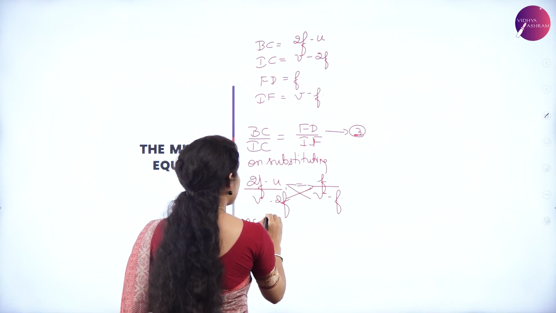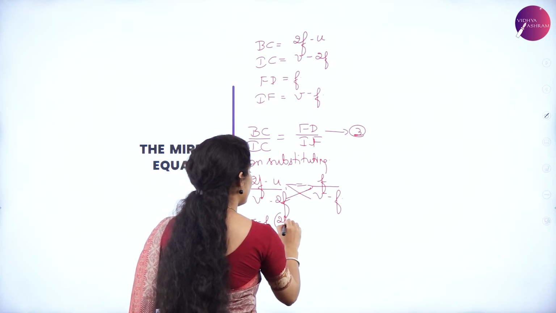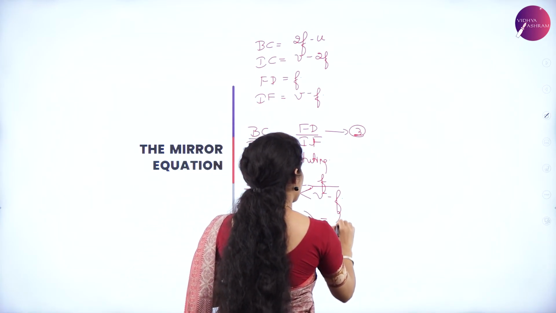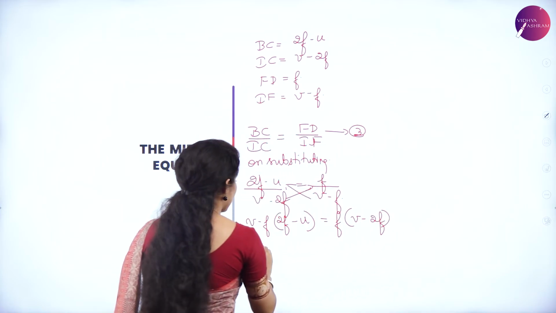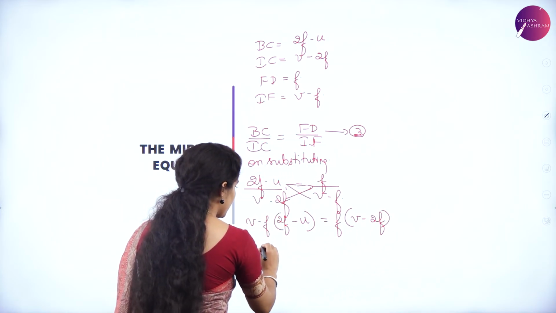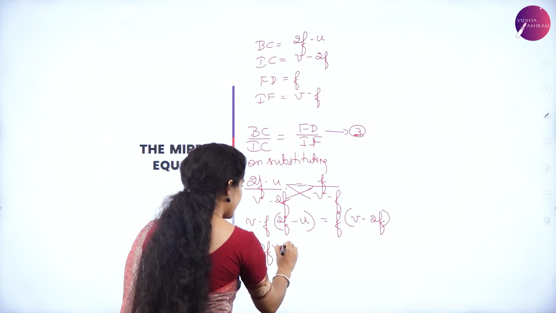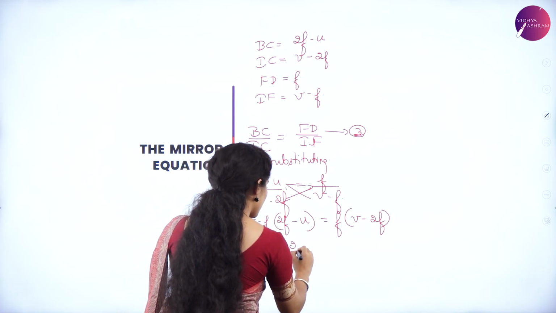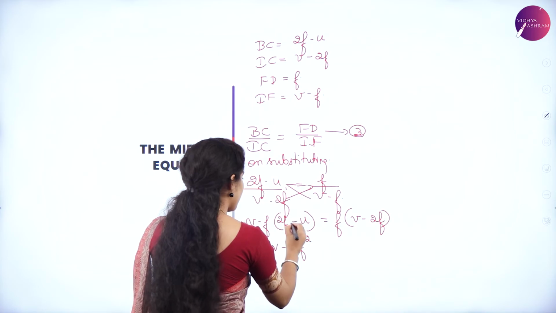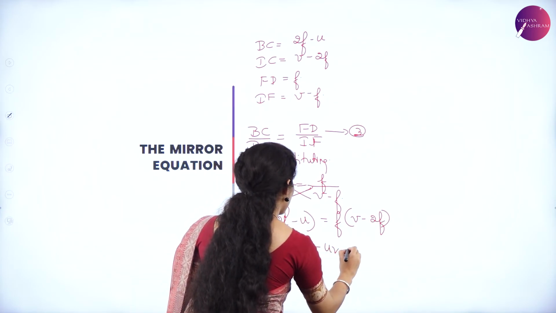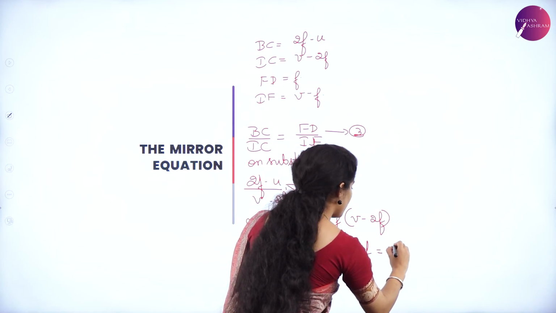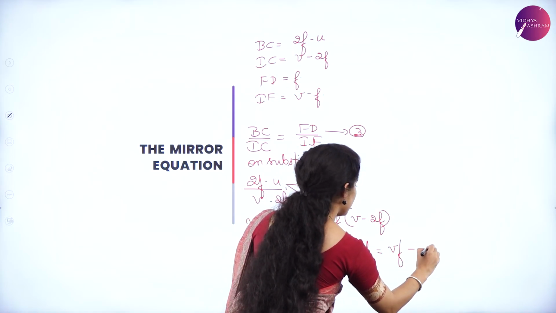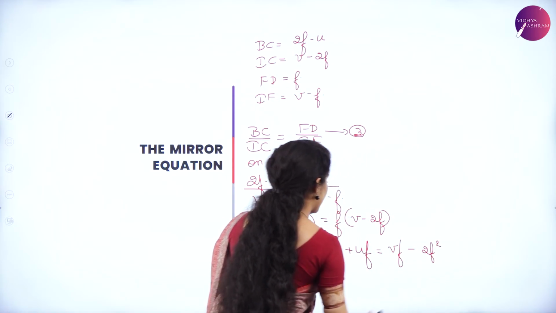So V minus F into 2F minus U is equal to F into V minus 2F. Multiplying, 2FV minus 2F square minus UV plus UF is equal to VF minus 2F square.